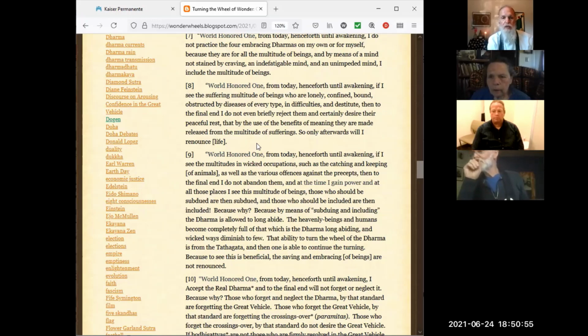What I'm saying is ambiguous is only in the interpretation of whether that is to be understood within the framework of time or outside the framework of time. Well, we talk about the arousing of bodhicitta, the desire to save all beings.